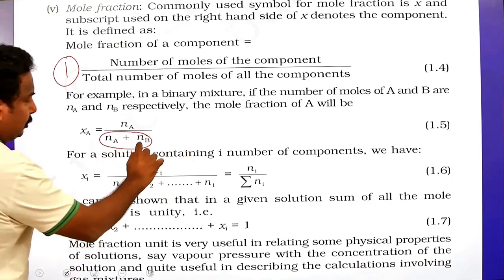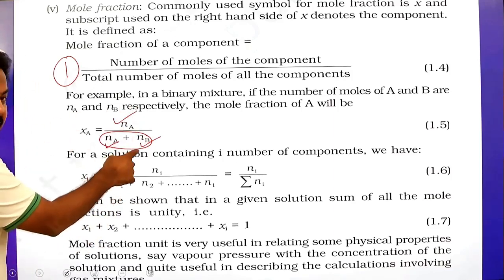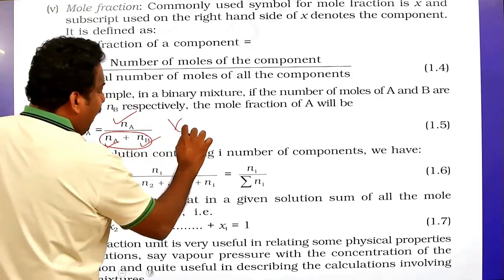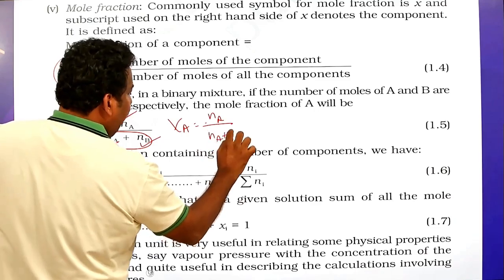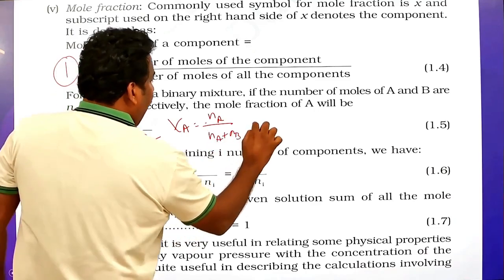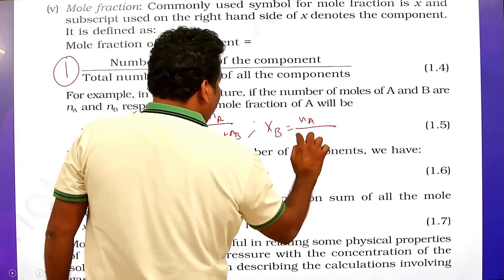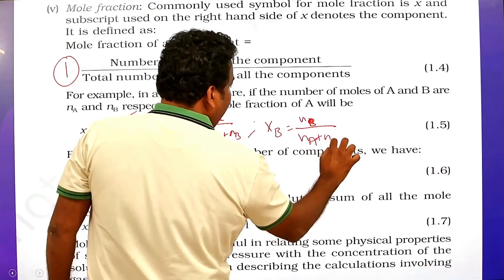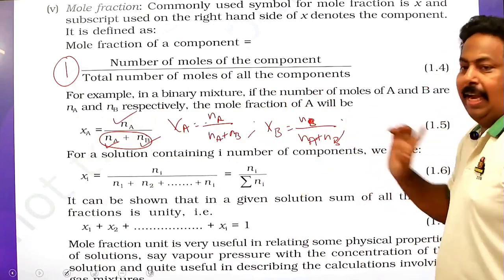So this will be a solvent, this is a solute, this is a solute, and this is a gaseous solution. So I have XA equal to Na by Na plus Nb, and XB equal to Nb divided by Na plus Nb. So I have only XA and XB.